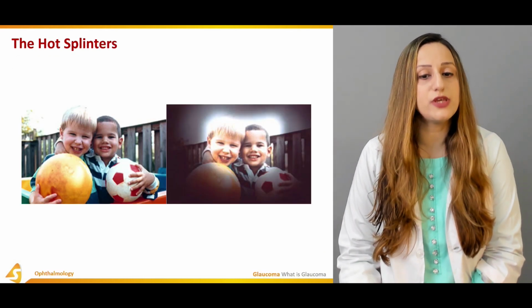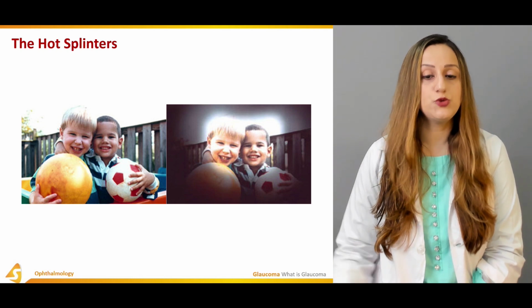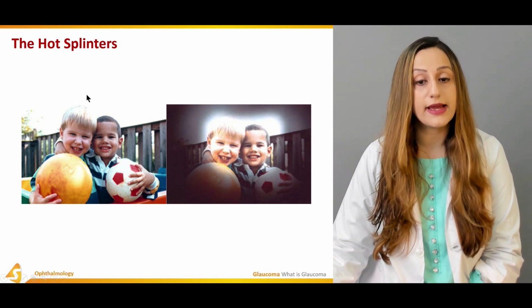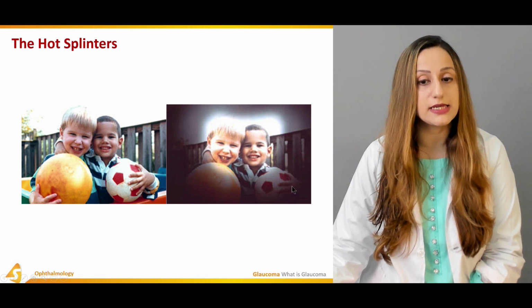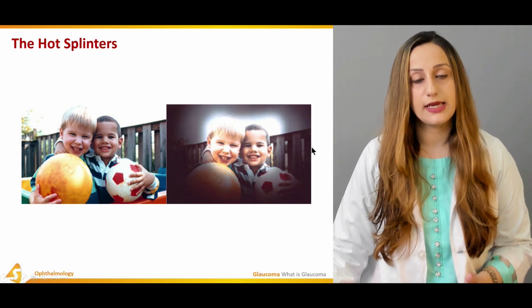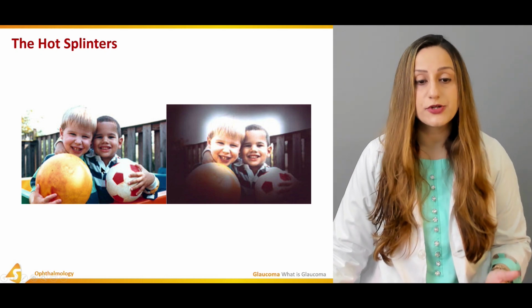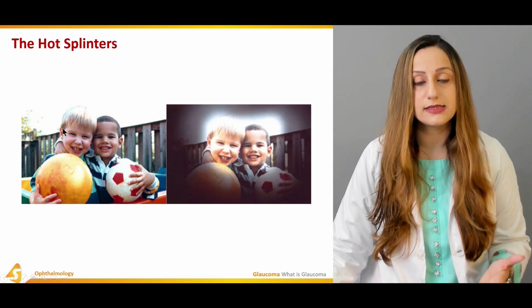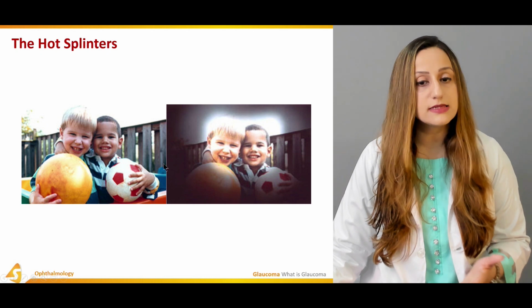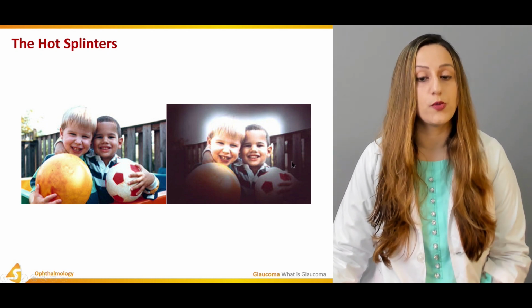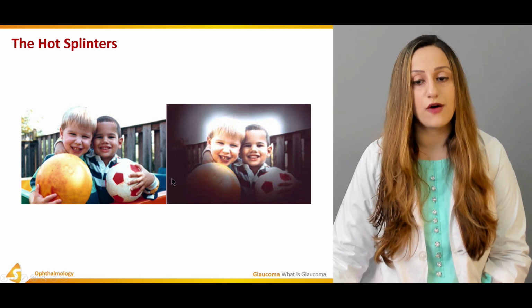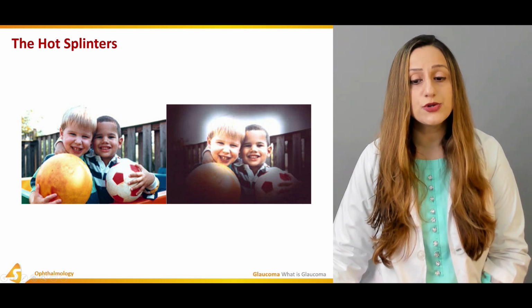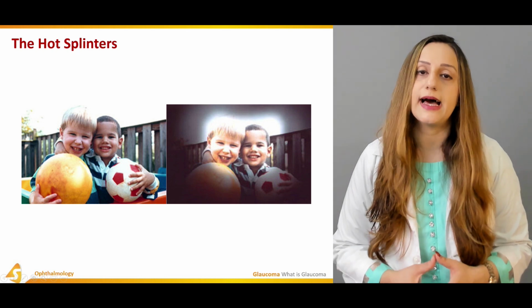So this is the view that is usually seen on the right. As you can see over here, it is basically affecting the peripheral vision in the person. This is a normal person looking at the same picture, and this is the person who has glaucoma. It is basically affecting the peripheral vision of the person. So these are also known as hot splinters at some time.